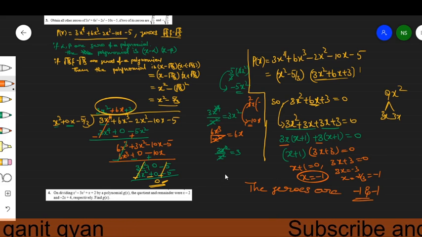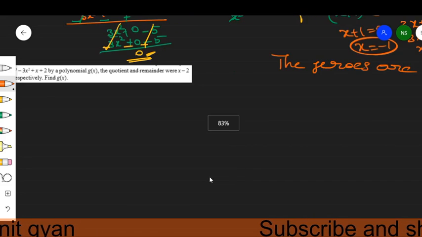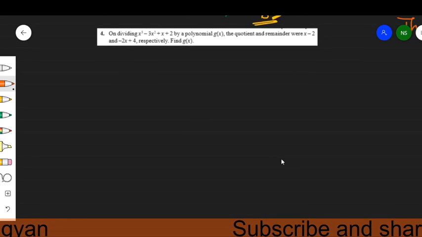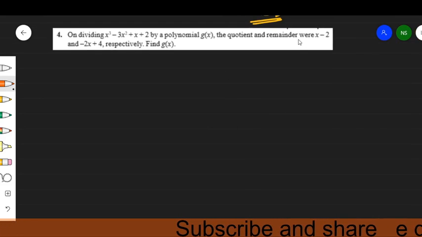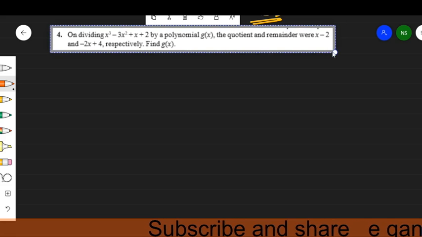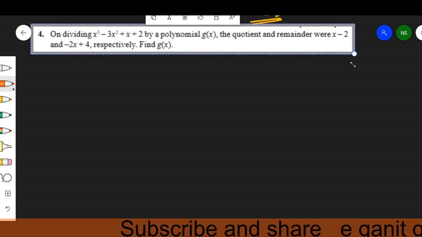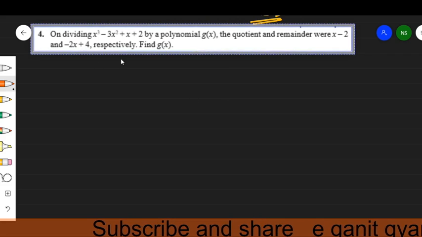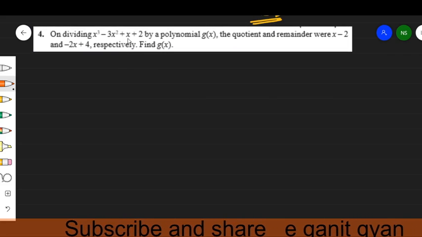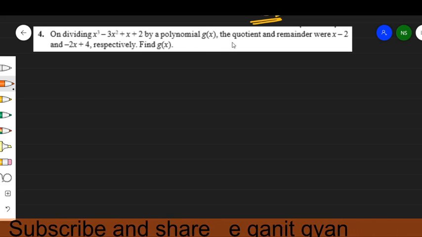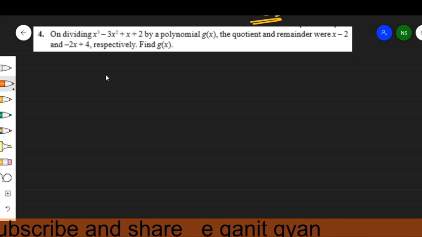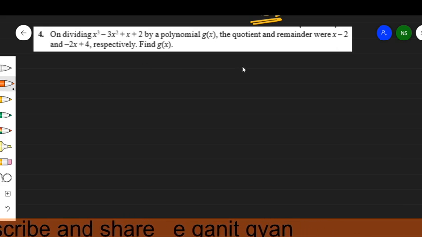Question number 4. What does question number 4 say? One second, let me zoom in. On dividing x³ − 3x² + x + 2 by a polynomial g(x), the quotient and the remainder are given, and we need to find that particular g(x).